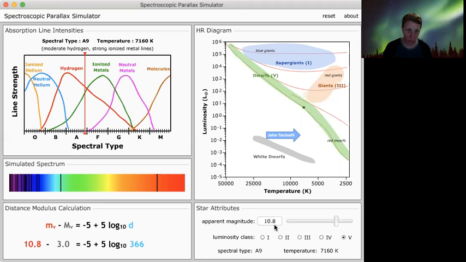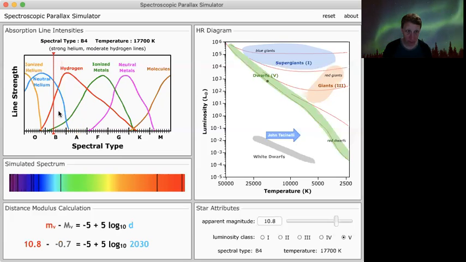And so we figure, okay, that's an A9, and it must have an actual magnitude of 3. Then we just plug that in here, and we have 10.8 minus 3, and that is equal to 366 parsecs away.